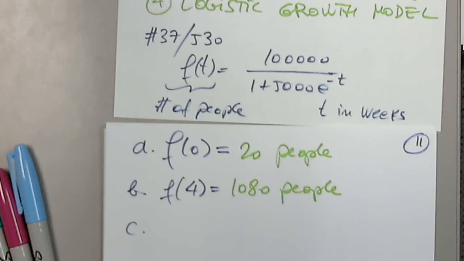Let's say 70 weeks later, 100,000. 80 weeks later, 100,000. And 800 weeks later, 100,000. So what is the limiting size of the population that could get ill?